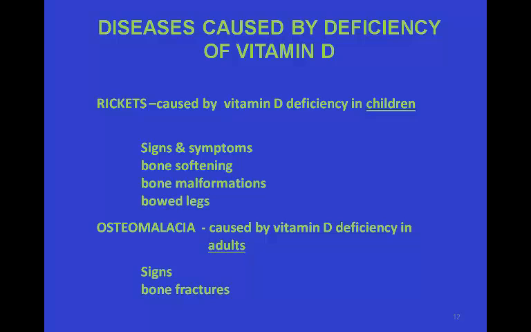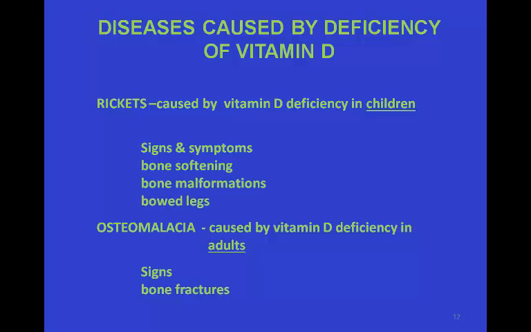Bow-leggedness is not just an aesthetic problem. In other words, it's not just because it doesn't look attractive. It's a lot more important than that. It has a lot of repercussions, so you want that to be corrected. Other bones can be malformed as well, not just the legs.